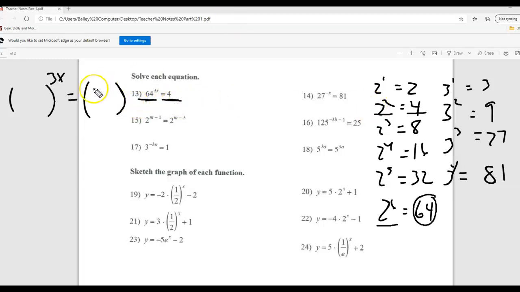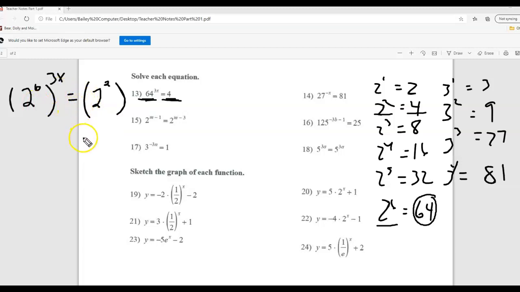So I'm going to replace 4 with 2 squared, and I'm going to replace 64 with 2 to the 6th power. So that's the first and most important step: you want to change the bases so that they match. Okay, change these into 2 exponential expressions that have the same base. Sometimes you only need to change one of them. Sometimes you need to change both, like I did.